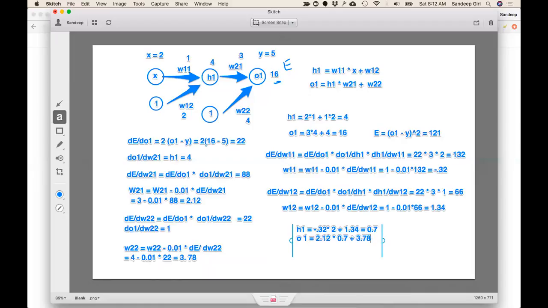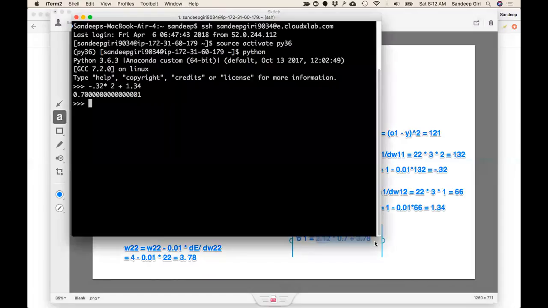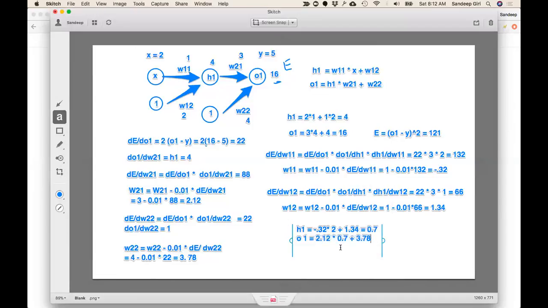So how much is this error? 3 point something. So, did we decrease the error or increase the error? Wow, this is good. You can see that we are quite close. In a single shot, we were able to go from 16 to 5.26, just by simple calculations, right? So this approach is far more efficient than just normal iteration.